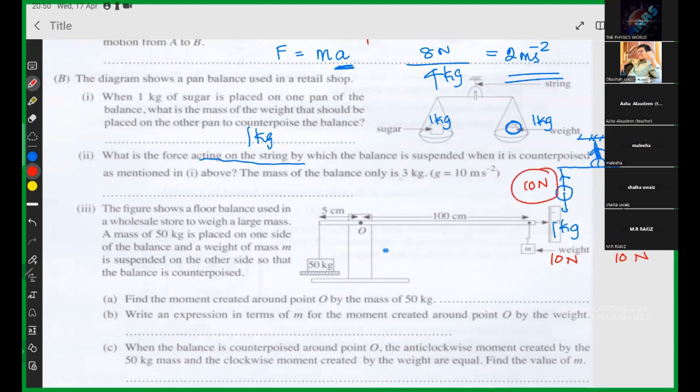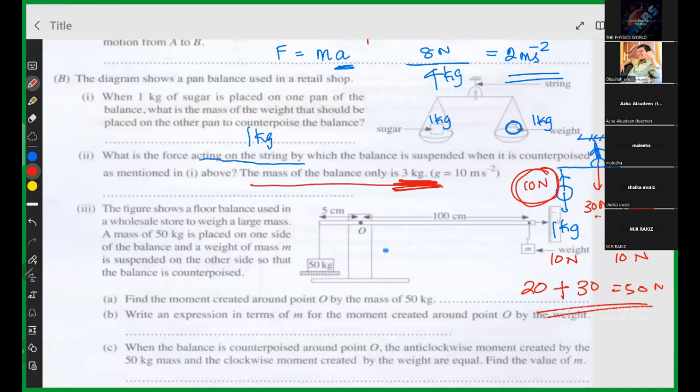The mass of the balance is 3 kilograms, so the balance would give another 30 Newton, which also gets added. 20 plus 30 gives you 50 Newton. Is it clear how this came? Because of this 1 kilogram there is 10 Newton, because of this there's another 10 Newton, and the mass of the balance is 3 kilograms, that is 30 Newton. So altogether it gives us 50 Newton.